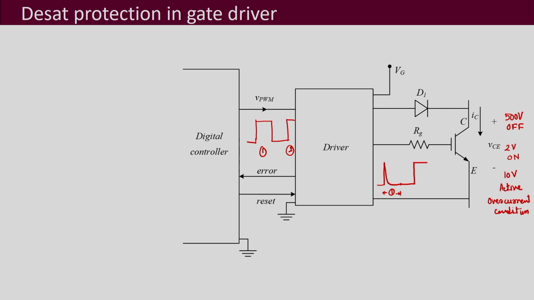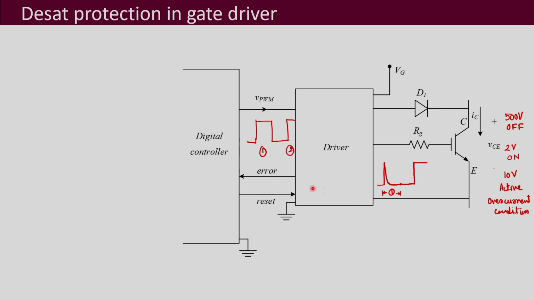So this is your first pulse, which will not be given to the IGBT, as it has sensed the overcurrent over here. Although there is a gate pulse given from the controller, it is not going forward to the IGBT.